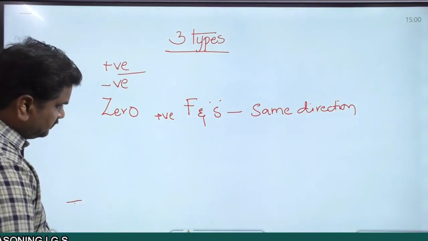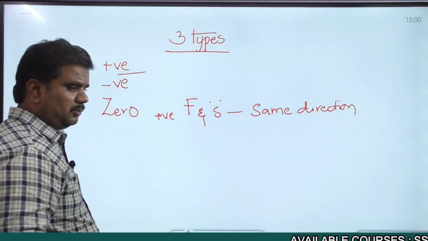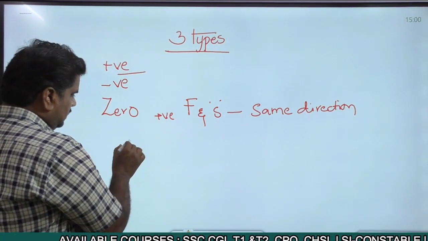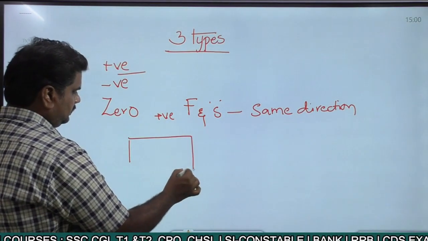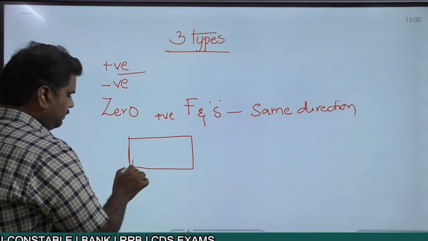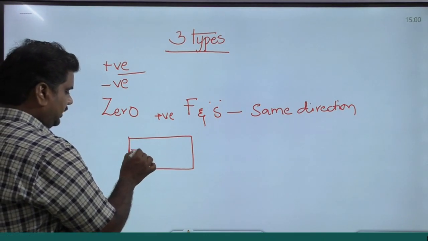At the same time, suppose that in a particular surface, in a particular floor, in a room or in a particular place, suppose that this is a room. Now in this particular room, at one particular corner, I have got some bags of rice.